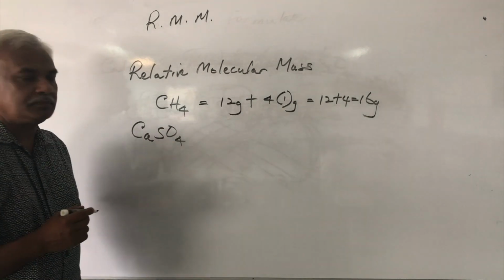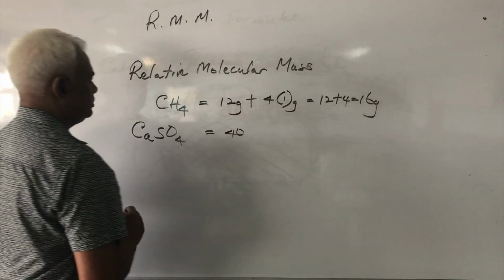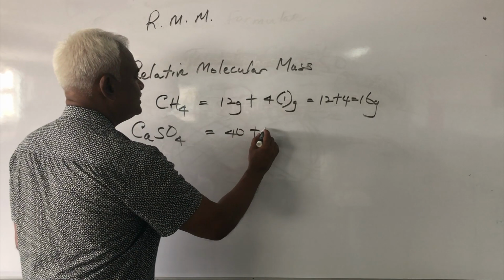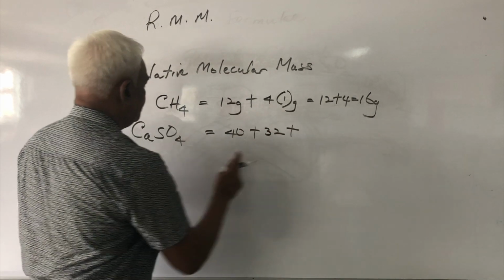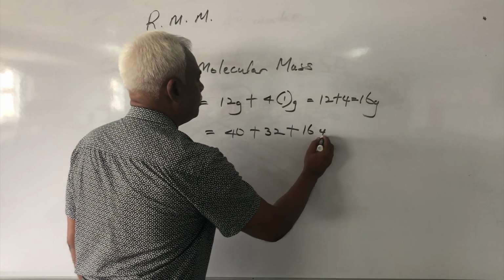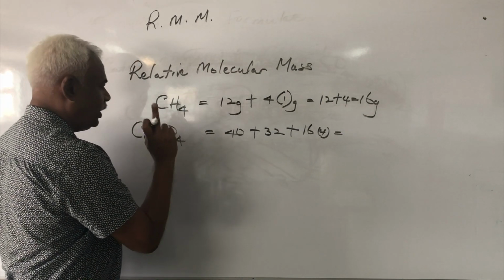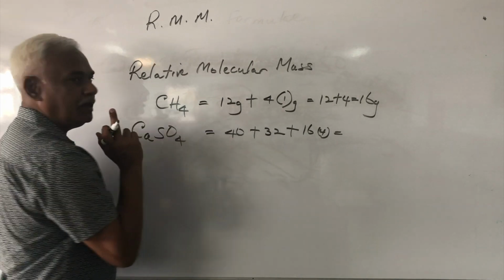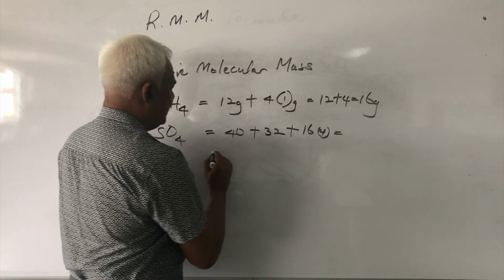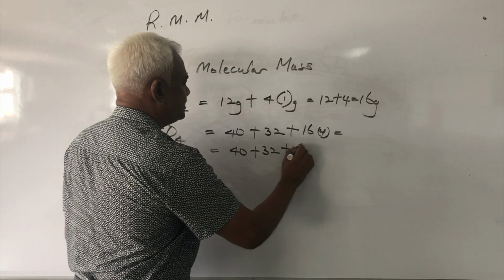Calcium sulfate. I have 1 calcium. Calcium weighs 40. I have 1 sulfur. Sulfur weighs 32. I have 4 oxygens. Oxygen weighs 16. So that gives me 40 plus 32 plus 64.